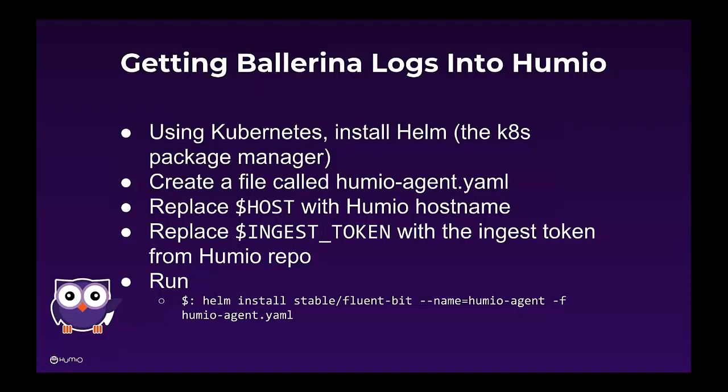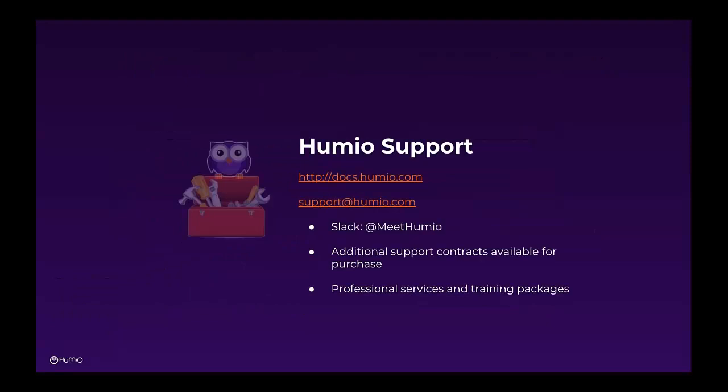Then we'll take the ingest token that we have on our Humio account, assuming you've set that up. We'll take that from the repository and enter it into the ingest token section of the YAML file. Then all we need to do is run a simple Helm command to get the logs running. And you see it right there. It's just helm install stable fluent-bit with the information that we've provided, so it's going in the right place. And that's really all there is to it.